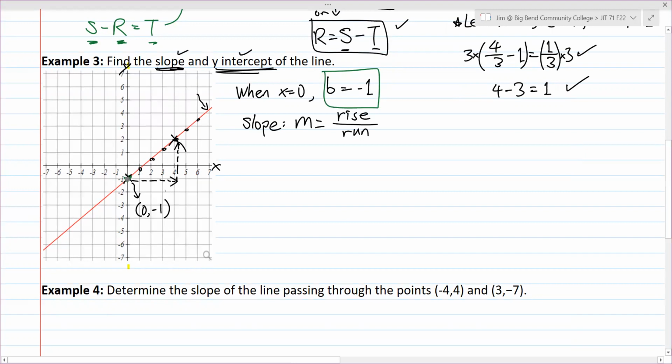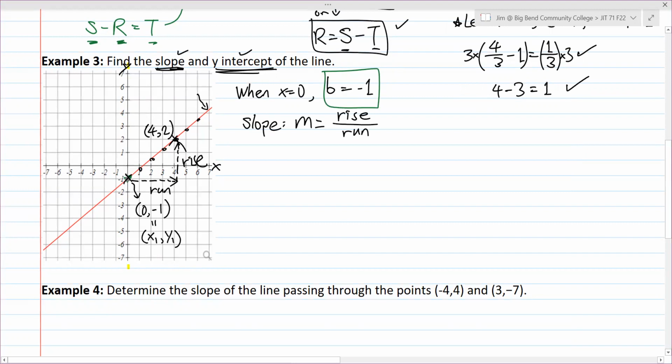So the horizontal change of the x value is called the run. And the vertical change of the y value is called the rise. And then this is the first data point. So we'll call this x1, y1. And then this is the second data point, and you can tell the value by looking at the information here.